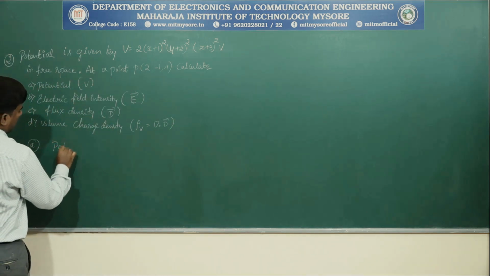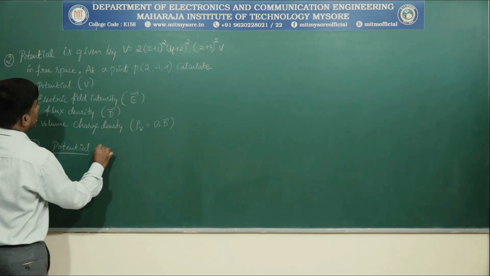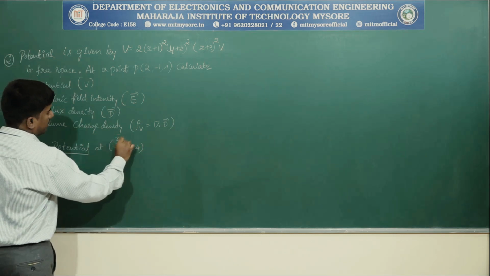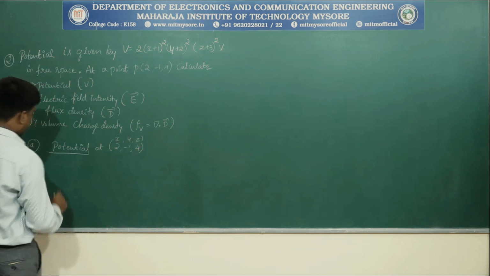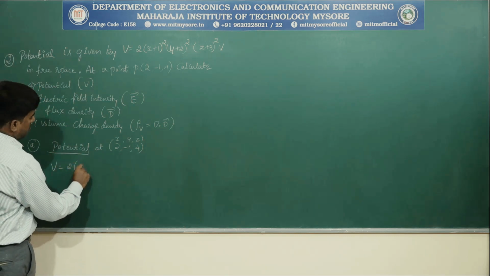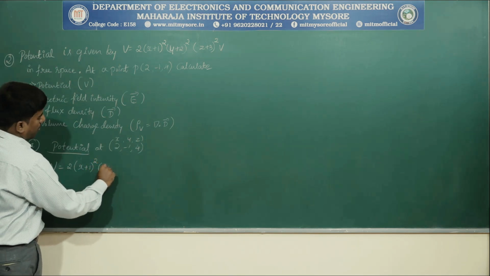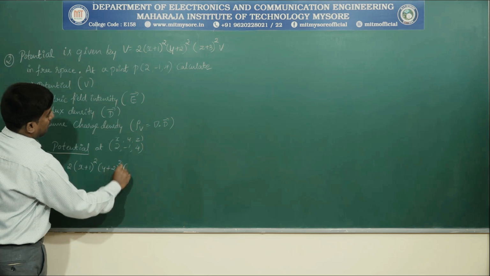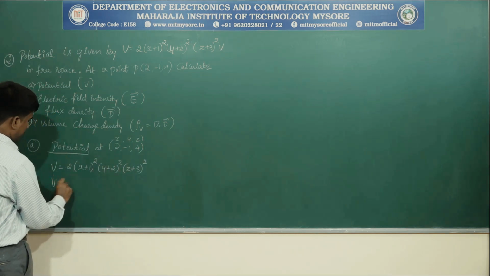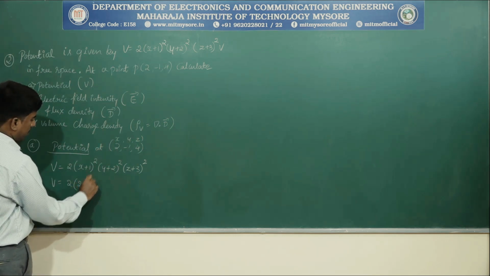First one is calculation of potential at 2 comma minus 1 comma 4, x comma y comma z. Okay, now V is equal to 2 into x plus 1 whole square into y plus 2 whole square into z plus 3 whole square. V is equal to 2 times of what is the value of x? 2 plus 1 whole square.